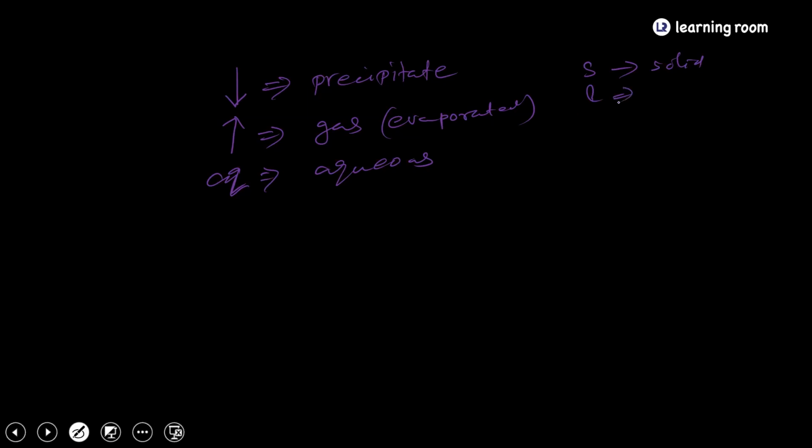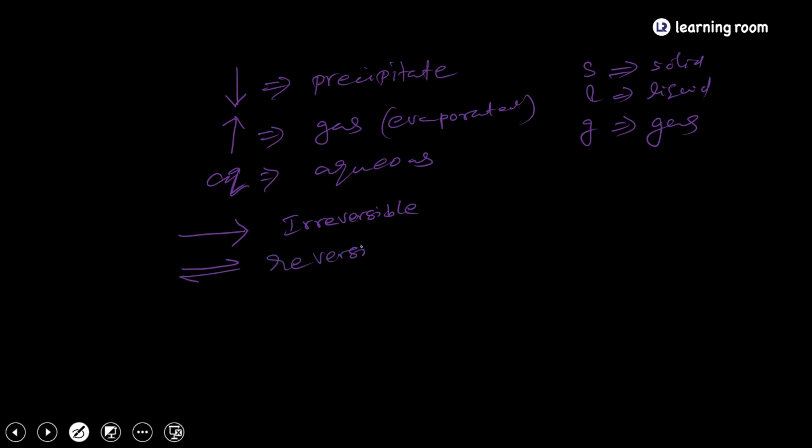L, liquid. G, gas. When you put a single arrow, it is irreversible. When you put it like this, it's reversible. So when you write like this, the forward reaction is more favorable.